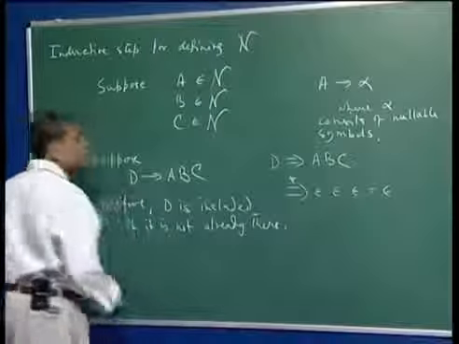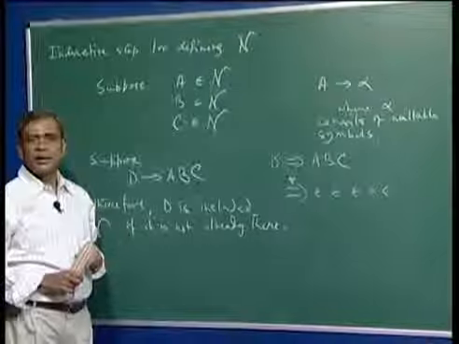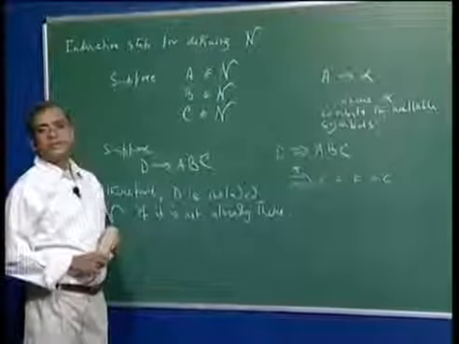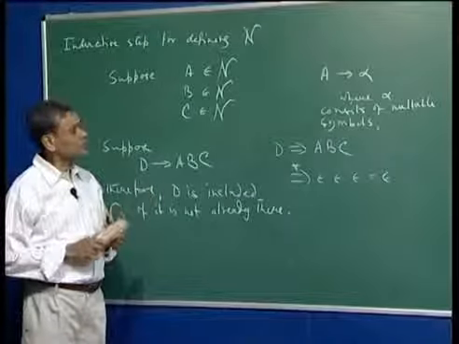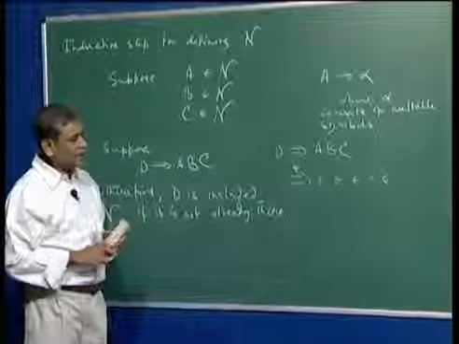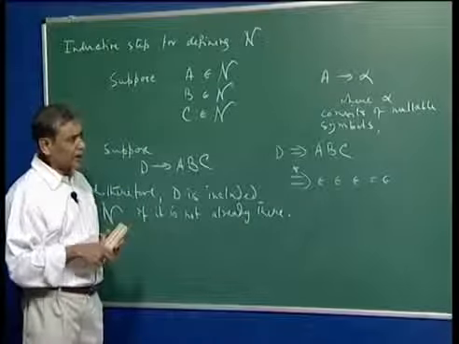And once all the iterations stop, then I claim that we have identified the set of all nullable symbols. So, the algorithm is very simple. We start with a base case, and then my iterative process starts.